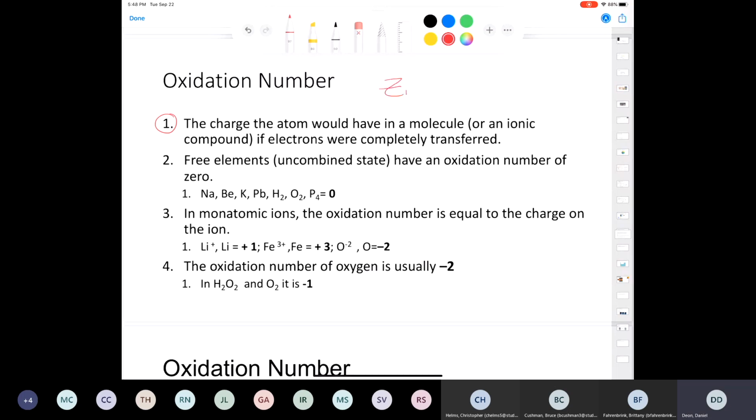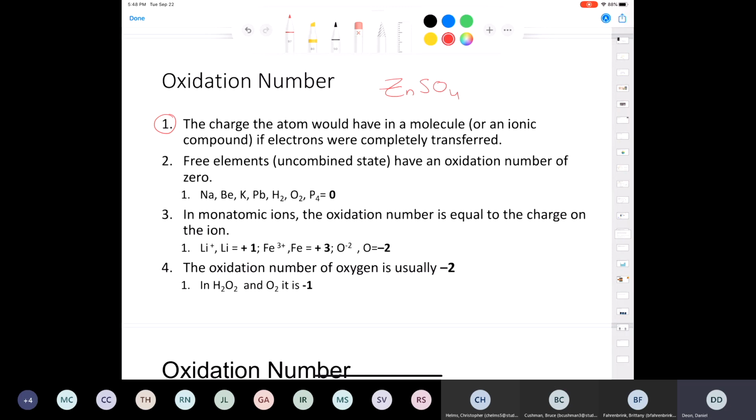And so when you have something like zinc sulfate, ZnSO4, what's the charge of the zinc? What's the charge of the oxygen? What's the charge of the sulfur? And you might be thinking, well, I know the charge of the zinc. You already told me, like last slide, that it was 2+. And I would say, yeah, you're absolutely right. I told you what the charge of SO4 2- was, but what's the charge of the actual oxygen atom?